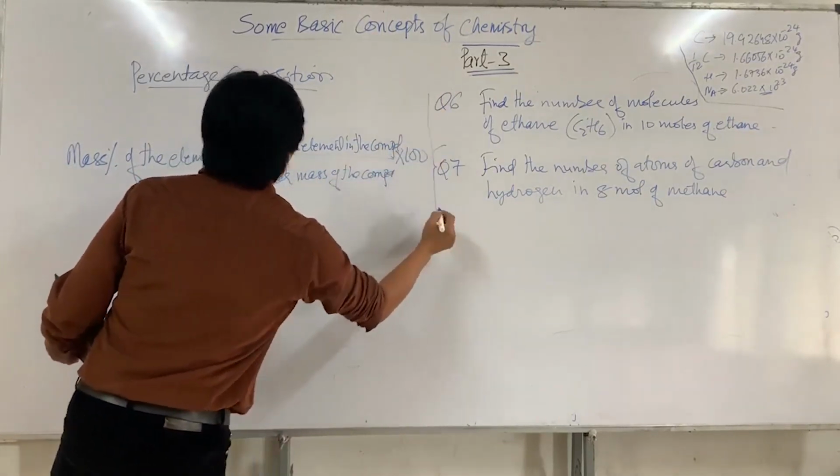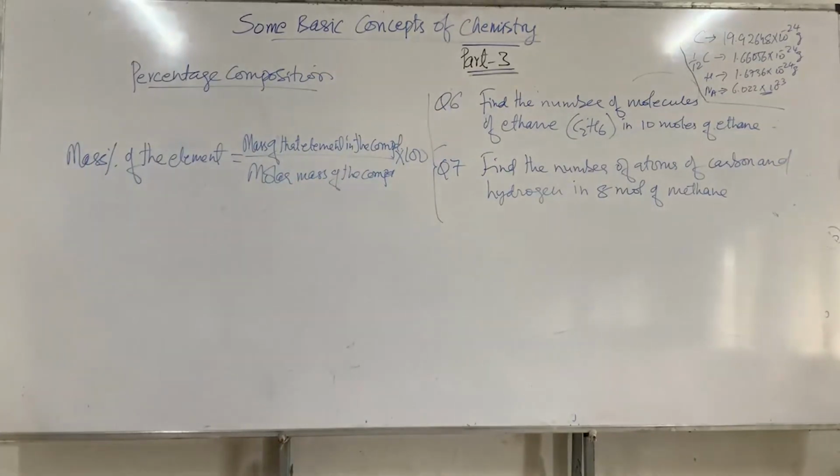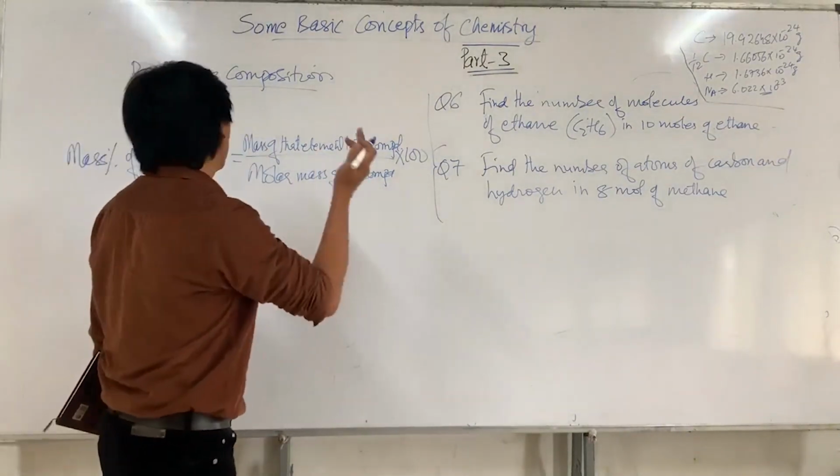When you do this, you will get the mass percent of each element. That's it. So now we'll take up one example.